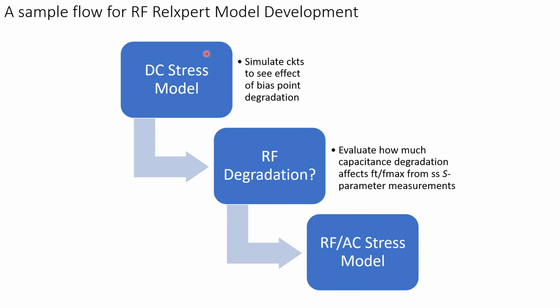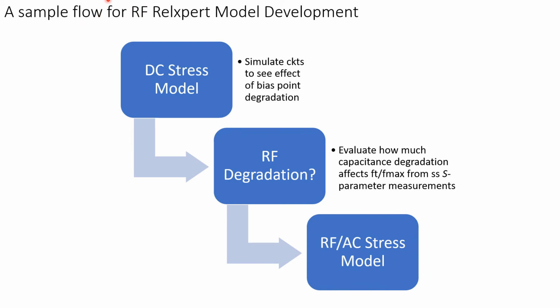Right now you can use the DC stress models to see the effects on the bias point degradation fundamentally, and whatever the bias point degradation is in the circuit will point out the further degradation in the RF or analog circuits.